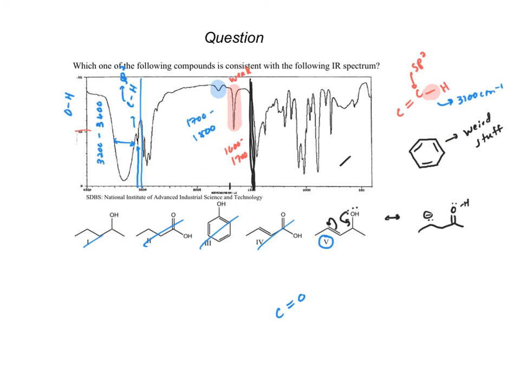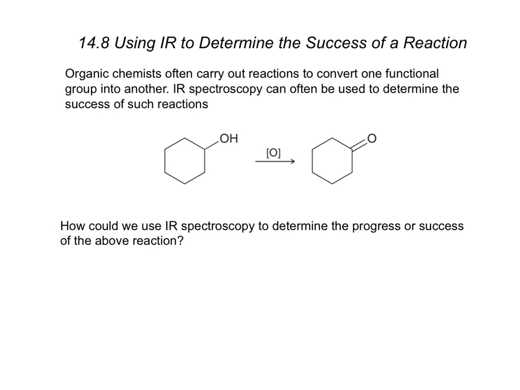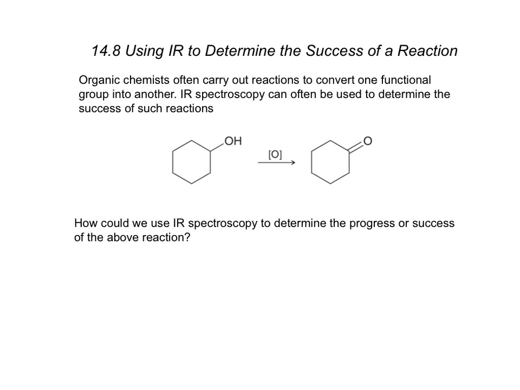Okay, so one last thing I want to talk about, and then we'll be done for the day: how we can use IR spectroscopy to determine the success of a reaction. I don't know if you have covered IR spectroscopy in the lab yet. Usually they'll just give you a spectrum and ask you to assign some peaks. But you can utilize IR spectroscopy, besides figuring out what functional groups are present, to track the success of a reaction.